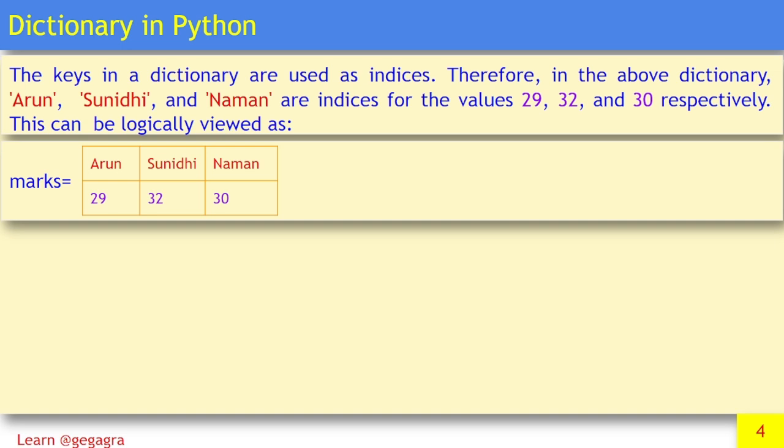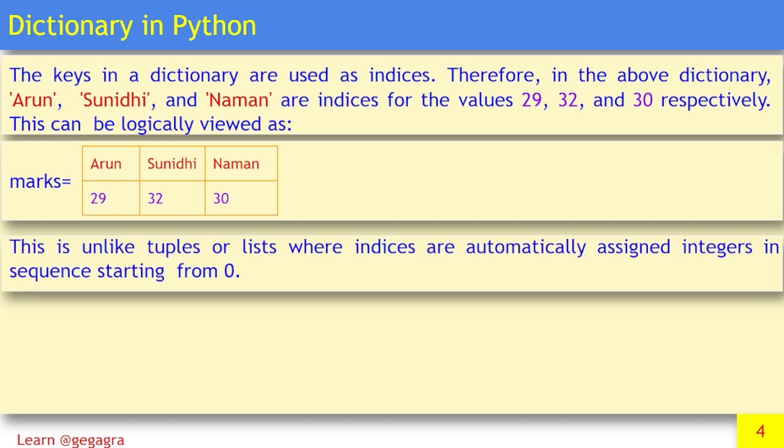So here this marks is the dictionary, and here these are the keys. Arun, Sunidhi and Naman are the keys, and 29, 32, 30 are the values. This is unlike tuples or lists where indices are automatically assigned integers in the sequence starting from 0, as I discussed just 2 seconds ago.